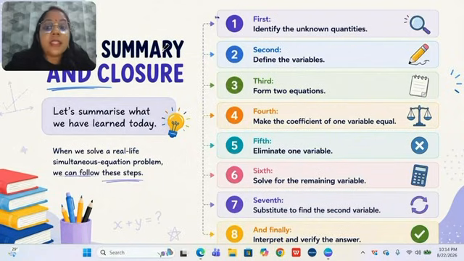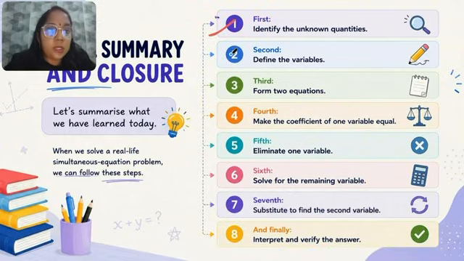Let's take the final minute to summarize what we learned today. When we solve a real-life simultaneous equation problem, we can follow these steps. First, identify the unknown quantities. Second, define the variables. Third, form two equations.